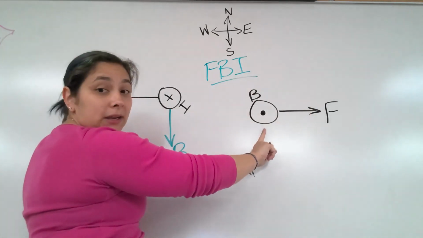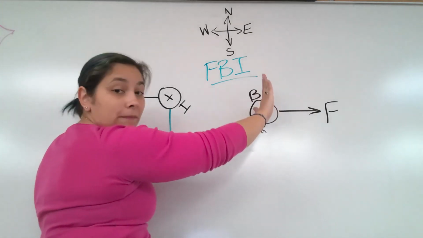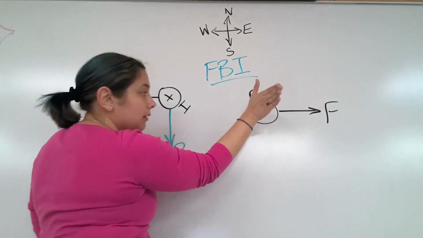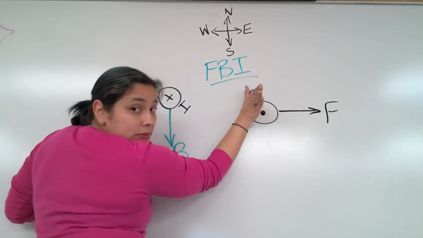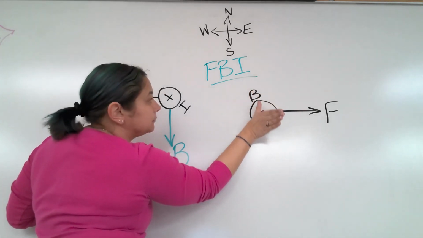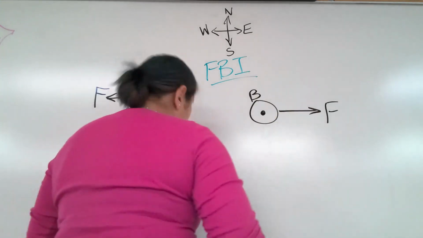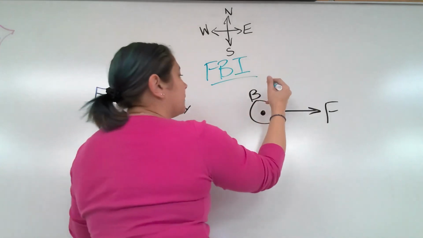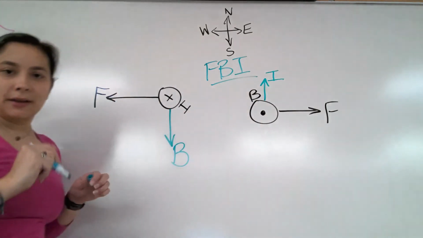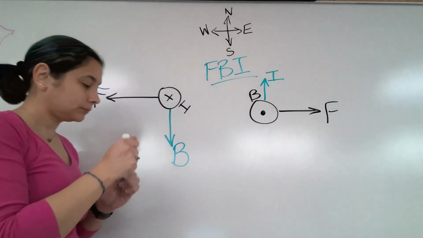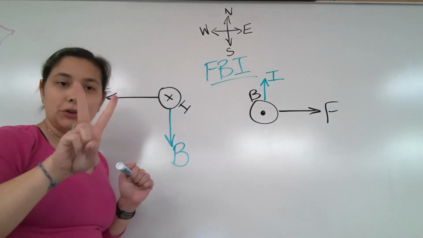But I need my fingers to go outward. And so, which way is my thumb going? It's going north. And so our answer is I, going north. And that is right-hand rule number 2.